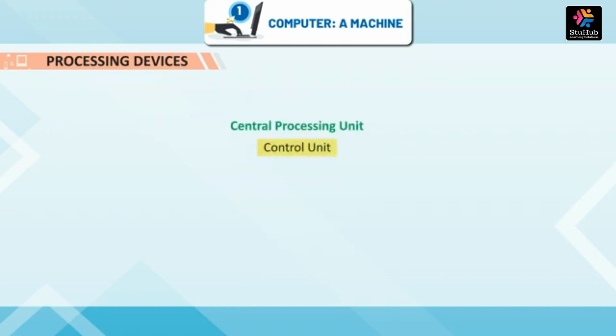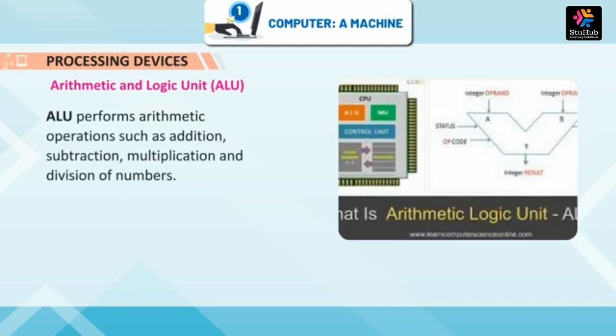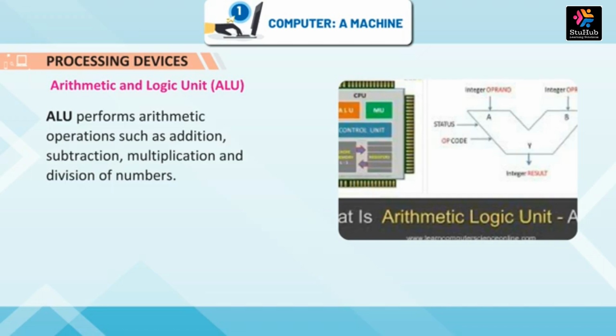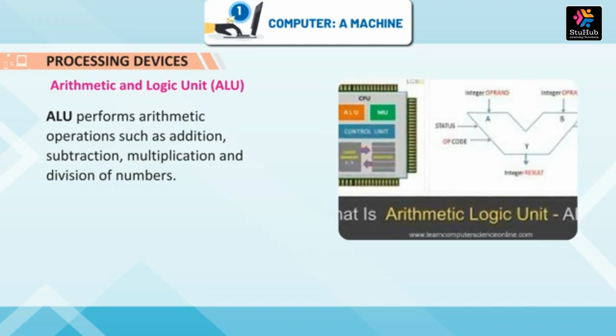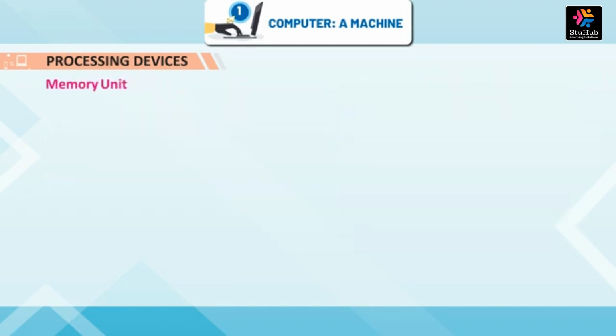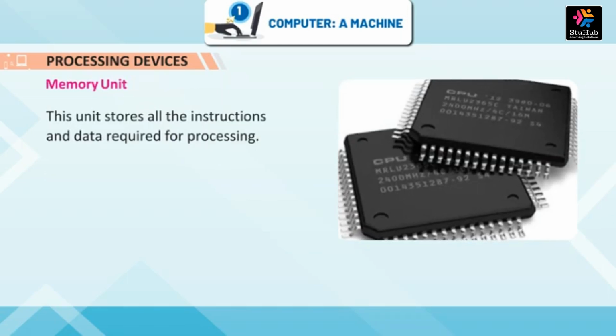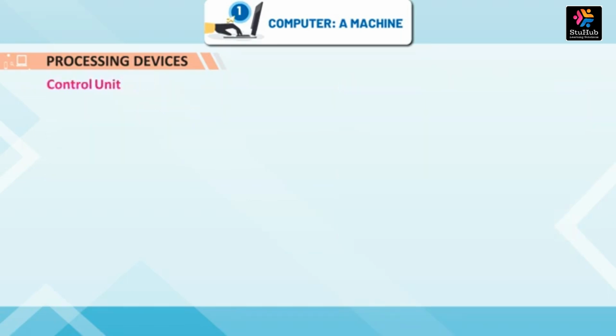Central processing unit: control unit, arithmetic and logic unit, memory unit. Arithmetic and logic unit, ALU. ALU performs arithmetic operations such as addition, subtraction, multiplication and division of numbers. Memory unit. This unit stores all the instructions and data required for processing.